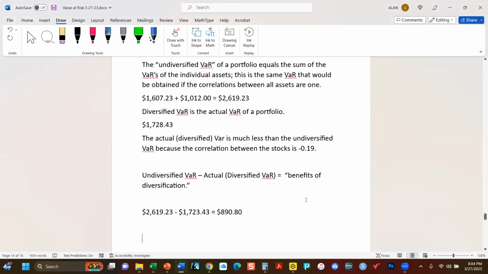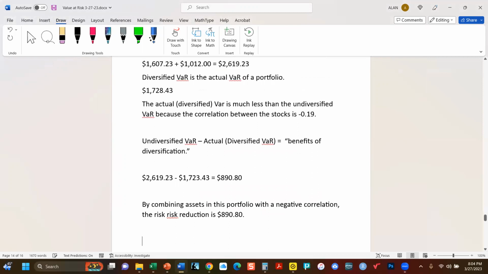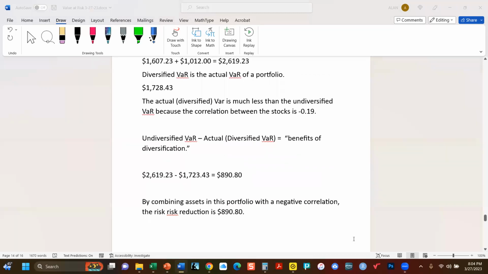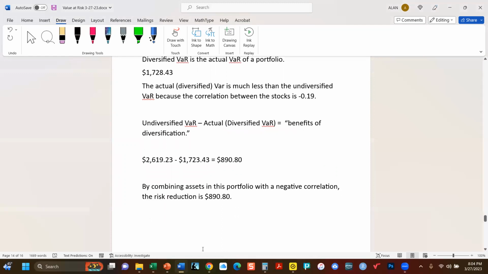So what this is saying is that by combining assets in this portfolio with a negative correlation, risk reduction is 890.80. So we congratulate ourselves for doing this, because if we just simply bought two positively correlated stocks, it would have been much higher.